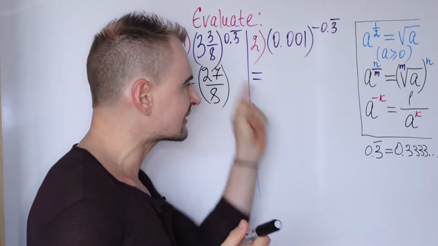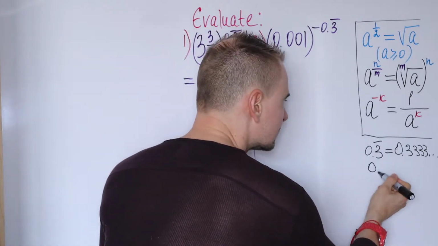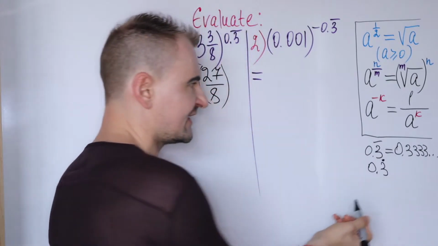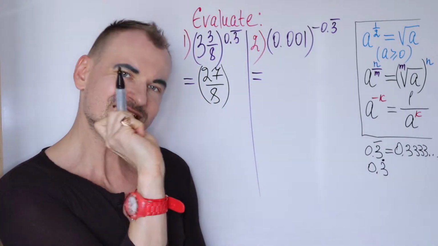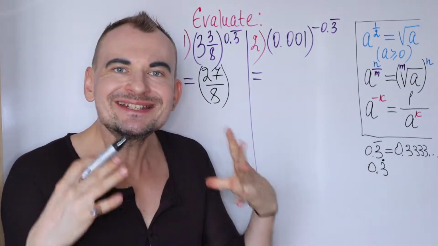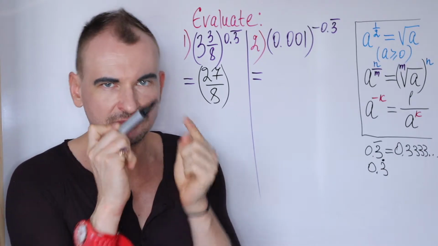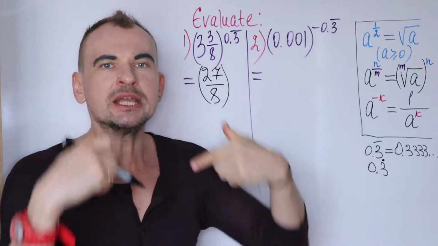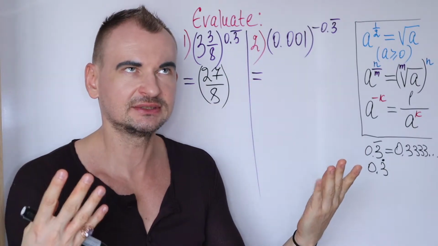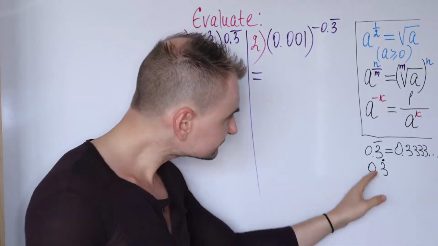That's basically a shortcut. Sometimes it's written with a small dot on top, so sometimes you might see this notation. It's precisely the same. A dot or a small bar over the digit indicates that the digit, or sometimes a group of digits, repeats itself an infinite number of times.